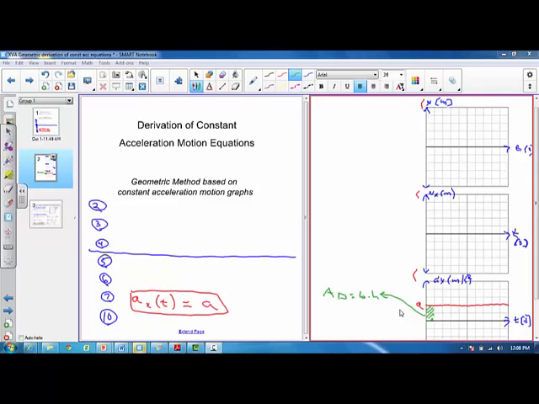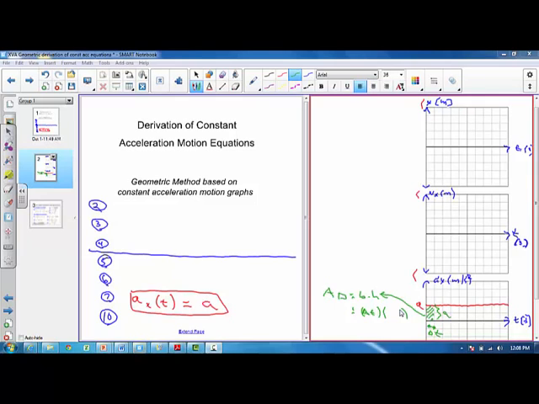Now for the base, I'm going to use general time units. I'm not going to use seconds, like 2 seconds, 3 seconds. I'm actually going to use just time. So the width of this is some time increment, and we're going to call it delta t. So the area of this is the base, which is delta t, and the height of this graph is a.